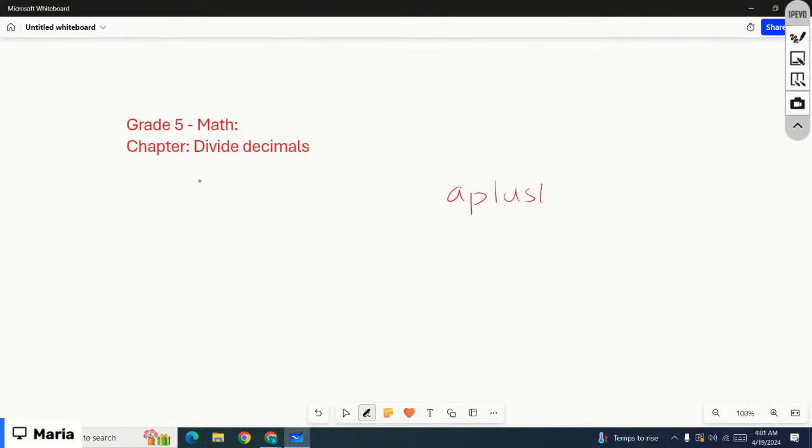You can find all the lessons on aplusstudents.com. You have to log in there using your email address and password as provided by the administrator.